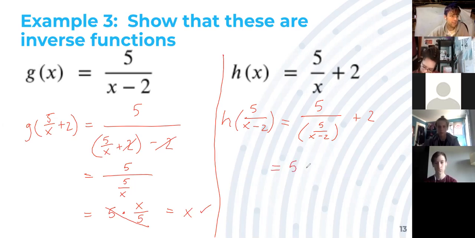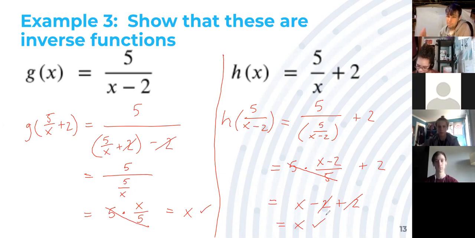So this can turn into 5 times x minus 2 over 5 plus 2. Instead of dividing by this fraction, I simply turn it into its reciprocal and change it to multiplication. The 5s cancel, so we end up with x minus 2 plus 2. And the minus 2 and the plus 2 become 0, so we end up with just x. So, huzzah, inverse functions.